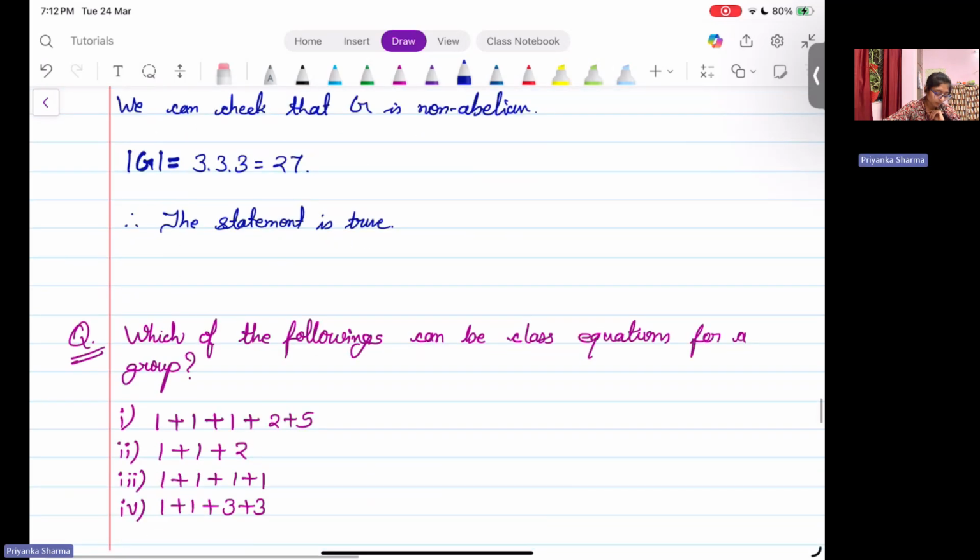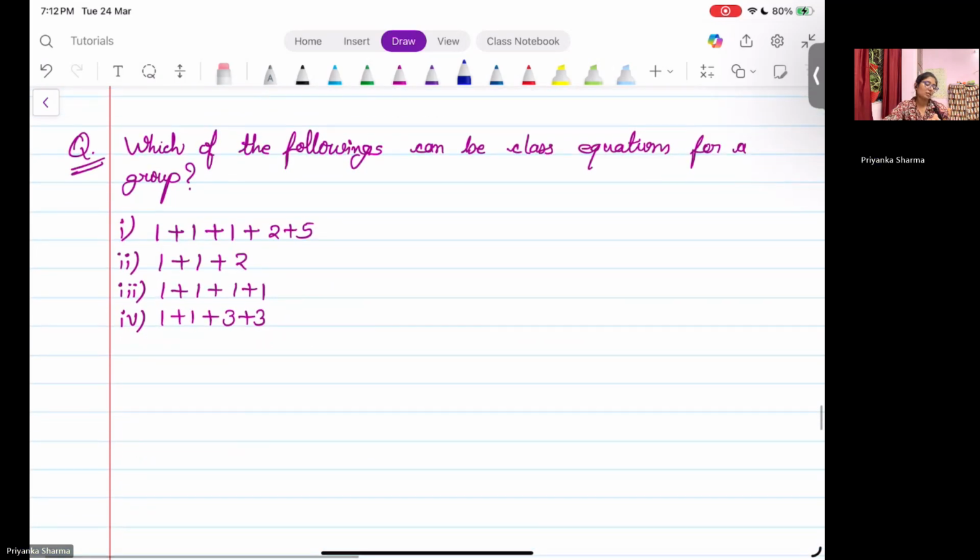Now come to the next question. Which of the following can be class equations for a group? Some equations are given, and we need to check which can be a possible class equation for some suitable group.